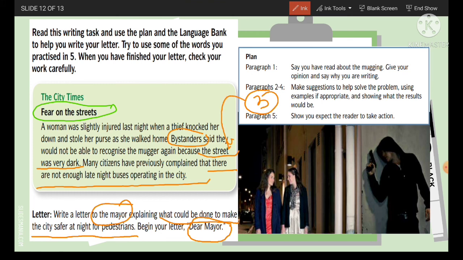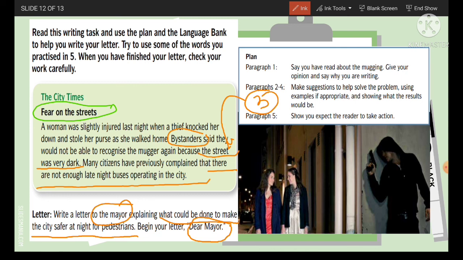Suggestion plus example plus the impact, what it mentioned just now, kesan kepada setiap cadangan sekiranya cadangan tersebut diambil tindakan. Okay, so make suggestions to help solve the problem using example if appropriate and showing what the results would be.